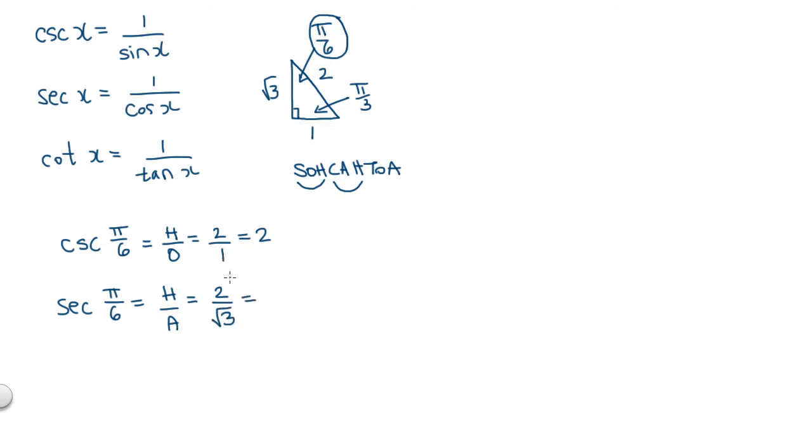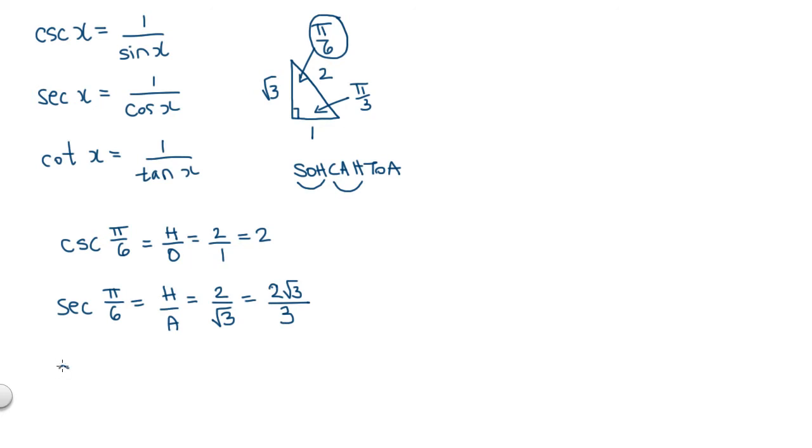Now, sometimes in dealing with these trig functions, we do get square roots in the denominator, so we would like to rationalize our answer. Let's multiply top and bottom by root 3. On top, we'll have 2 root 3, and in the denominator, we'll have a full 3. So 2 root 3 over 3 looks good as a final answer.